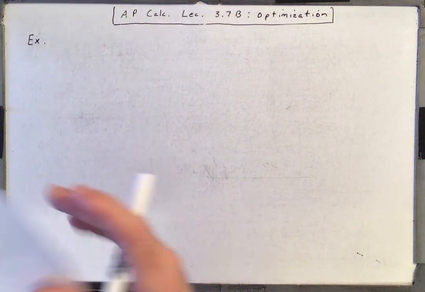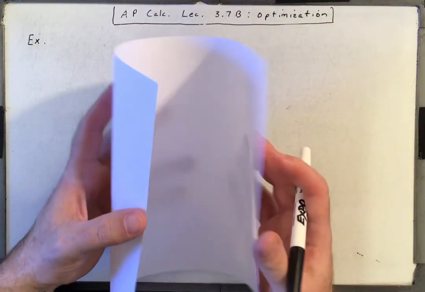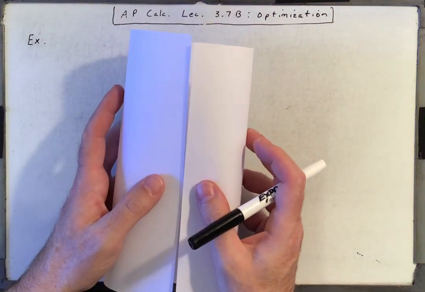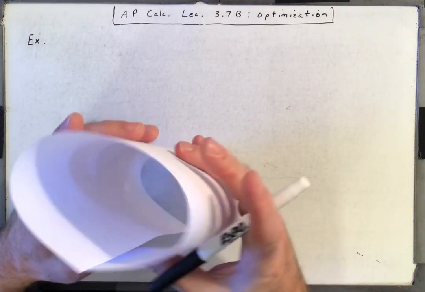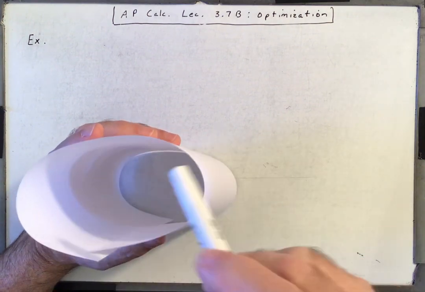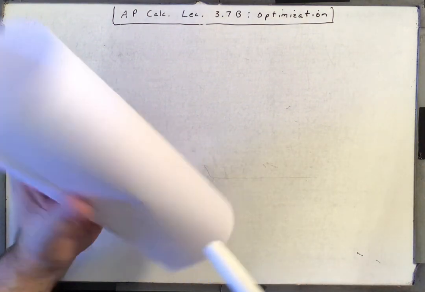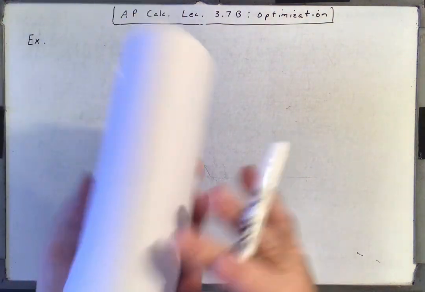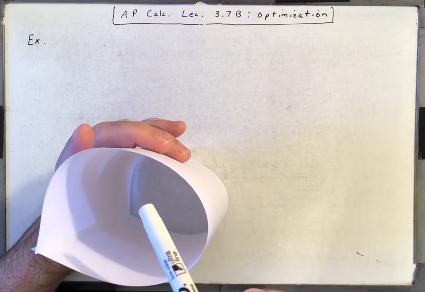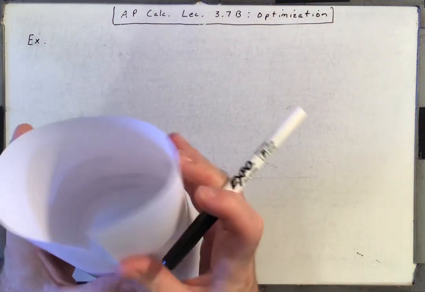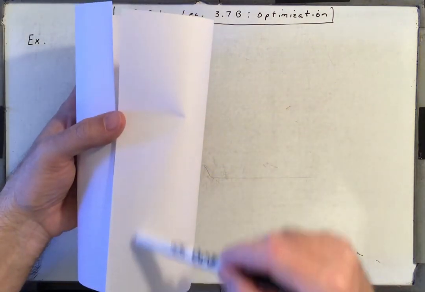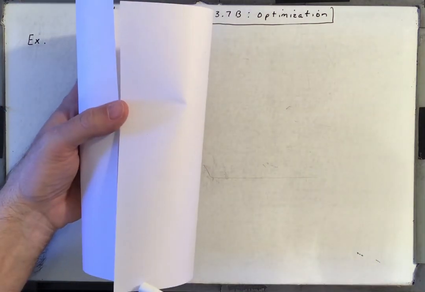How would I get the surface area of a can? Well, one thing that I've done, I just wanted to get a piece of paper, and I've made that into a cylindrical can, right? And the area of the top of the can would just be the area of a circle, pi r squared. And the area of the bottom would also be the same circle, pi r squared. We know that this is the height of the can from here to here.